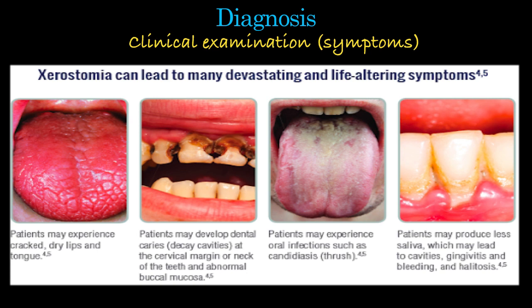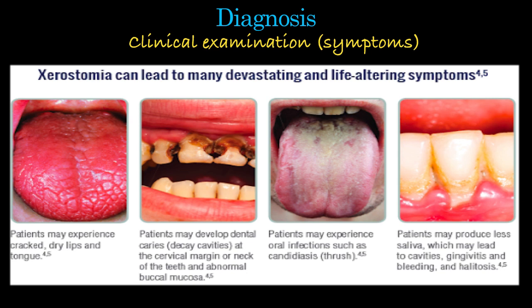Okay, what would we find if we examine the patient's mouth? First of all, as we said, the mucosal surfaces are all very dry. Once they are dry, along with the friction while talking and eating, the mucosa will be atrophied.